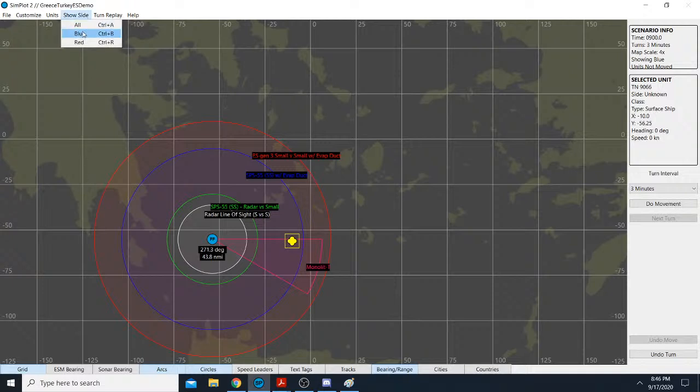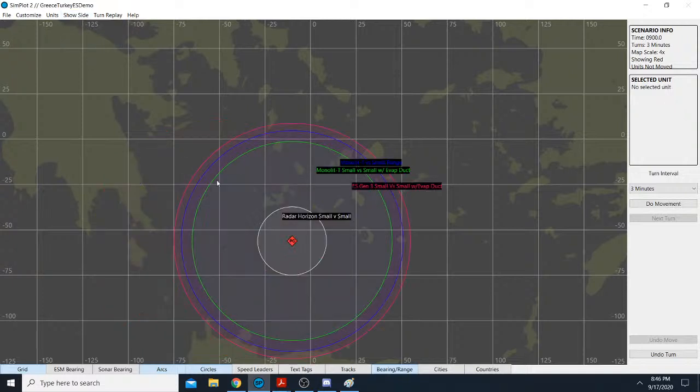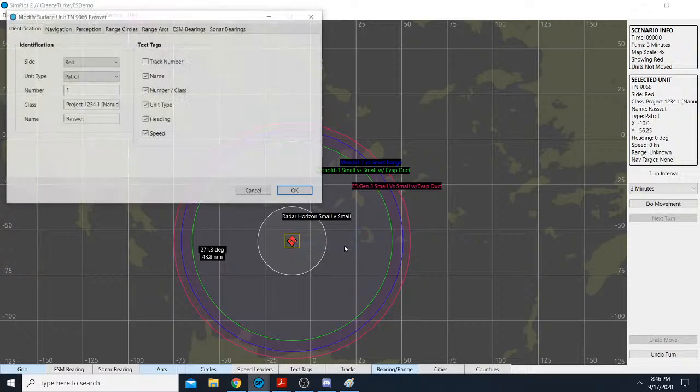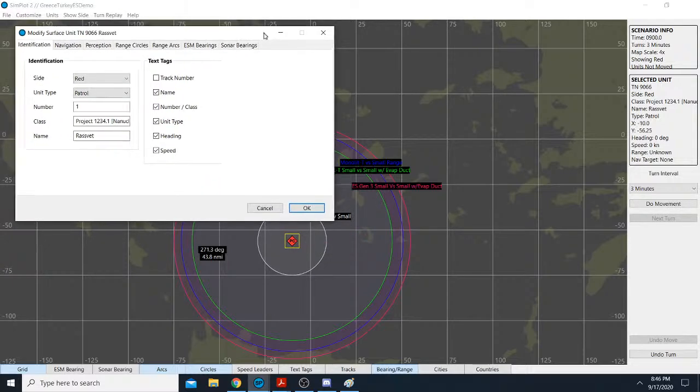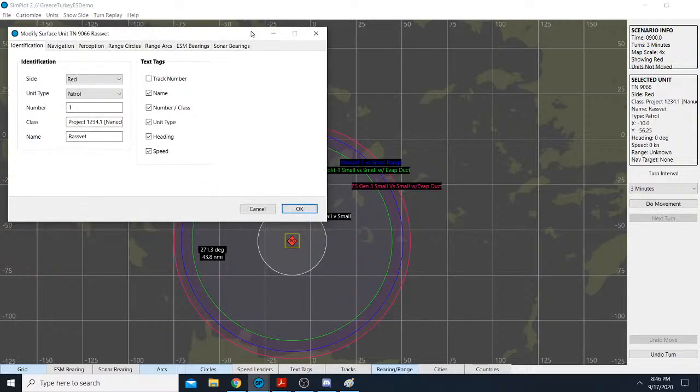Let's switch over to red real quick, just to give you an idea what the SST-based system sees, and hopefully I did this right. Again, very similar to the OH Perry. This is a pocket cruiser, basically a patrol ship, missile cruiser.